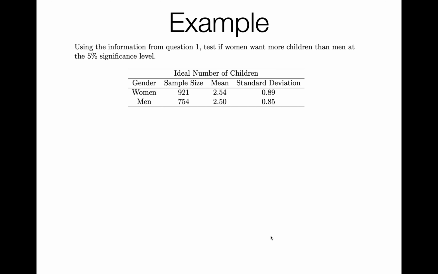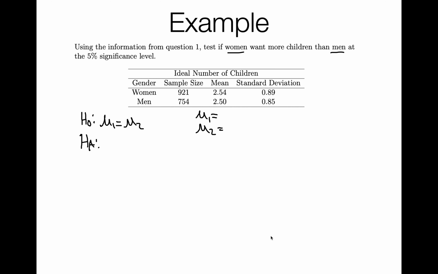We'll start with the null and alternative hypotheses. The null hypothesis is always that mu1 is equal to mu2, or that there's no difference. Based on what I said above, I want to see if women want more children than men. So first, I need to define mu1 and mu2.